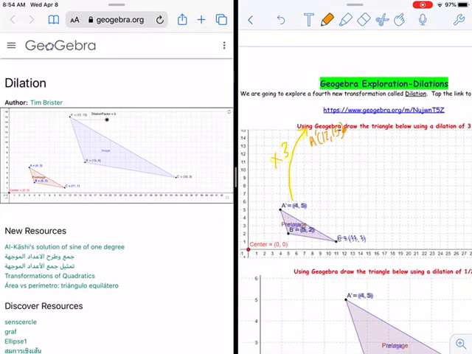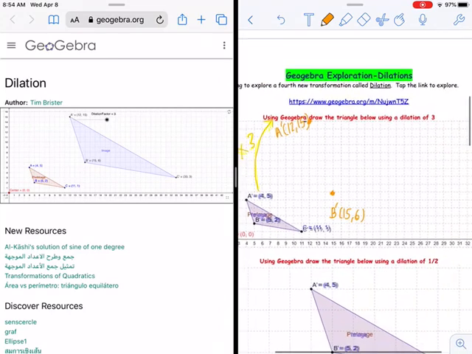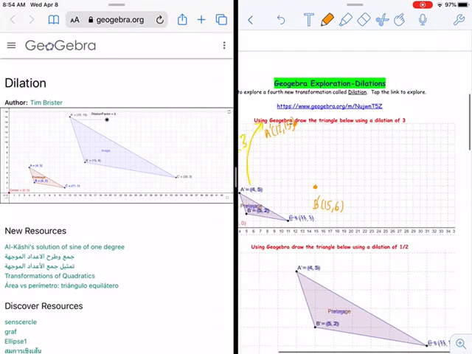So 15, 6, that's B prime. And then last one, C, was 11, 1. That's going to be 33, 3. C prime, 33, 3.